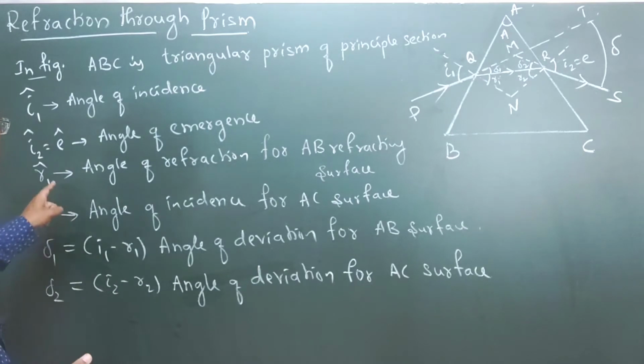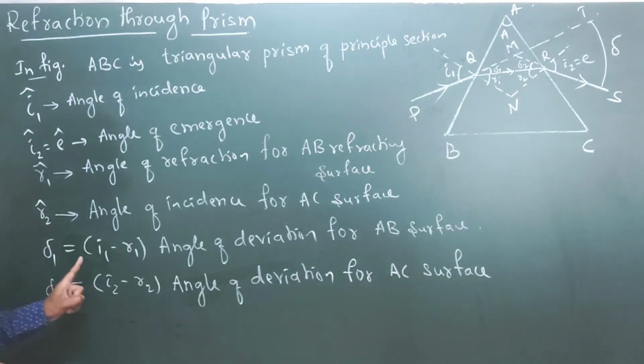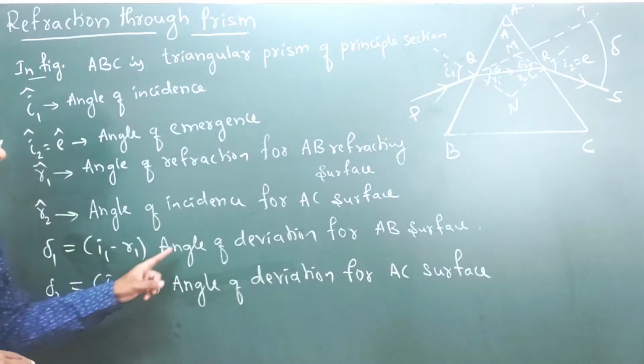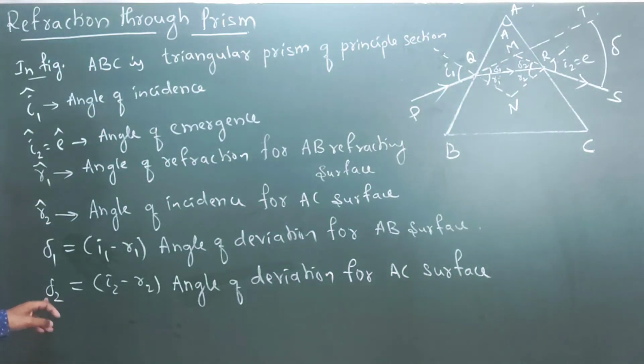R1 is the angle of refraction for the refracting surface AB. R2 is the angle of incidence for AC. So delta 1 is the difference between the angle of incidence and the angle of refraction, that is the angle of deviation for surface AB. Similarly, delta 2 is the difference I2 minus R2, that is the angle of deviation for the AC surface.